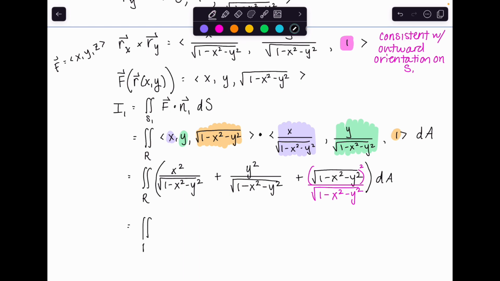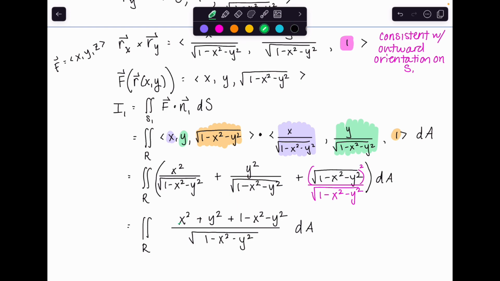So this is a double integral over the region R. Now every single piece is going to have the square root of 1 minus x squared minus y squared in the bottom. I don't actually need parentheses at that point anymore because it's a single fraction. And then we get the first fraction plus the second fraction, and then when you square that last piece, it becomes 1 minus x squared minus y squared.